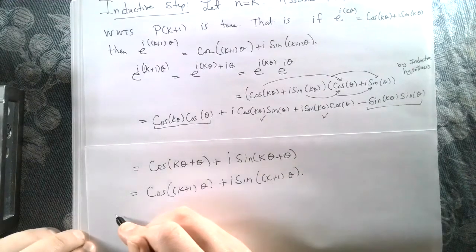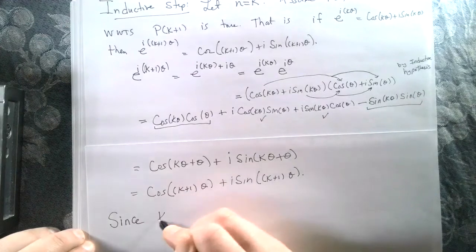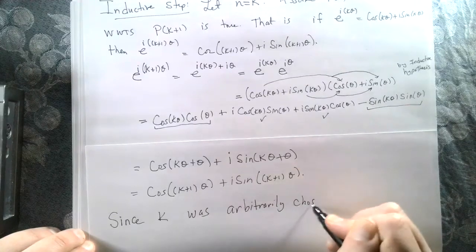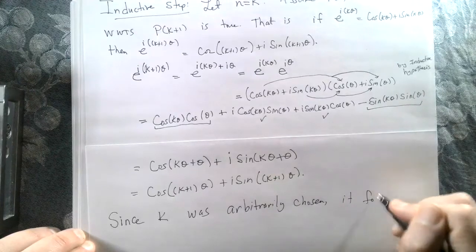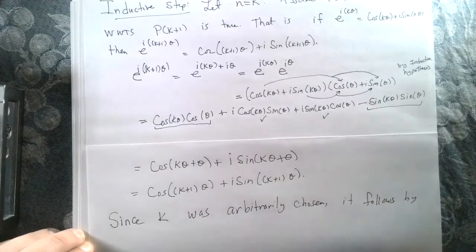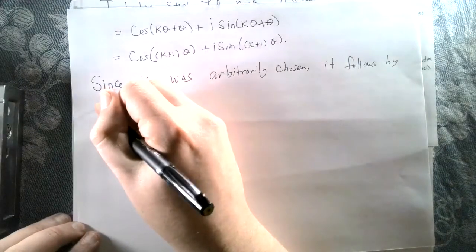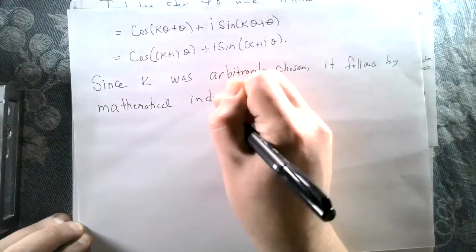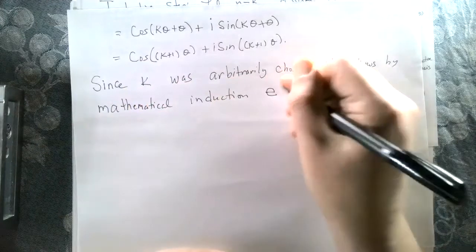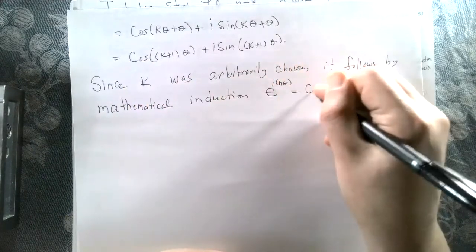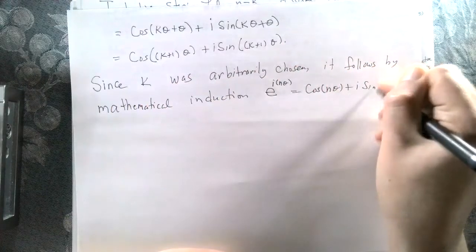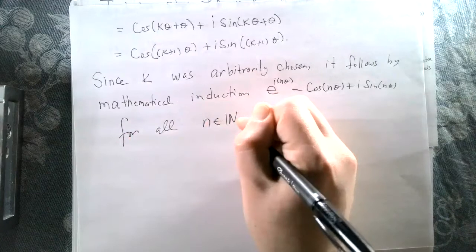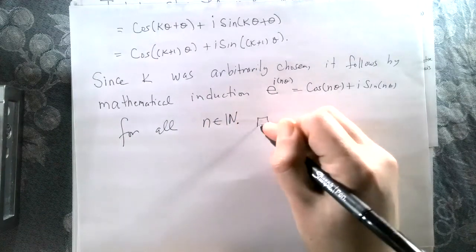The important thing to note is that since k was arbitrarily chosen, it follows by mathematical induction that e to the i n theta equals cosine of n theta plus i sine of n theta for all natural numbers n. So end of proof.